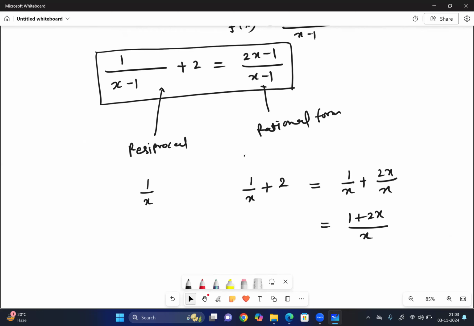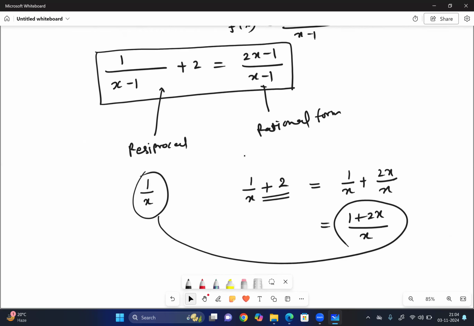Just by translating vertically, the reciprocal becomes rational. Only a vertical translation made a reciprocal function rational, because we now have a variable in the numerator also.